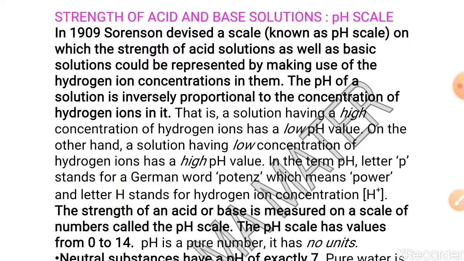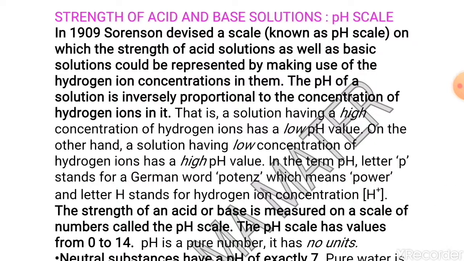So, students, in 1909, Sorensen devised a scale known as the pH scale, on which the strength of acidic as well as basic solutions could be represented by making use of the hydrogen ion concentration in them. The pH of a solution is inversely proportional to the concentration of hydrogen ions in it.